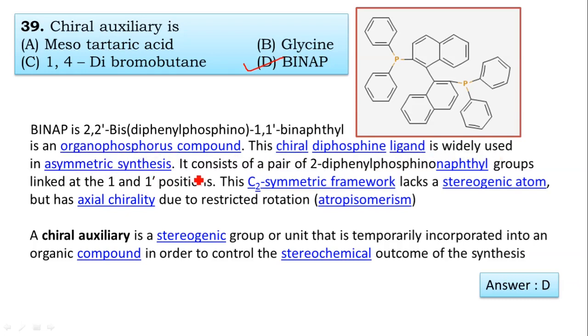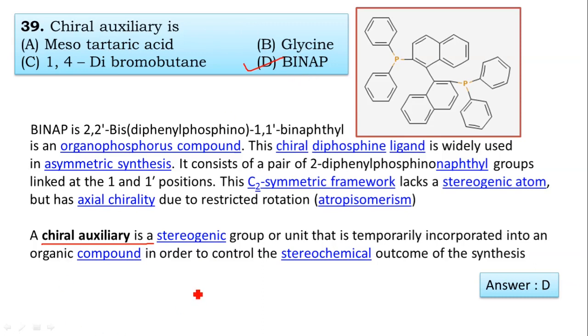It consists of a pair of 2-diphenylphosphino naphthyl groups linked at the 1,1' position. Here you see this. This C2 axis symmetry lacks a stereogenic atom but has axial chirality due to restricted rotation, that is atropisomerism. So the chiral auxiliary is a stereogenic element which was present in the binaphthalene compound.